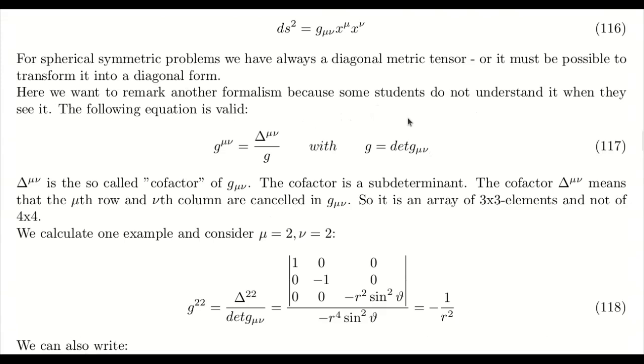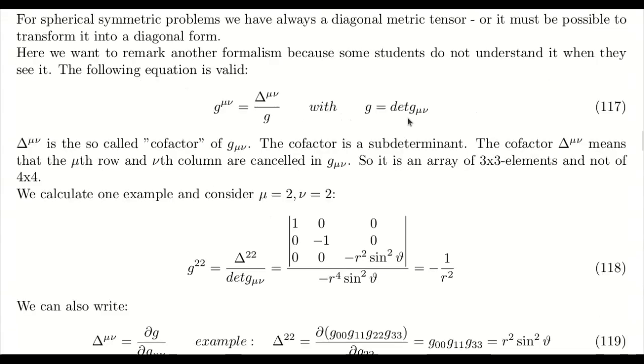And what we can say is that for spherical symmetric problems, we have always a diagonal metric. If not, it must be possible to transform the metric into a diagonal one.